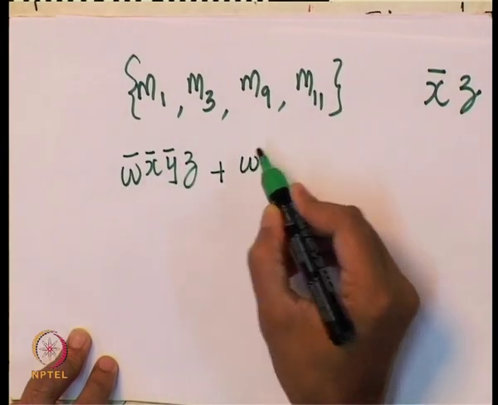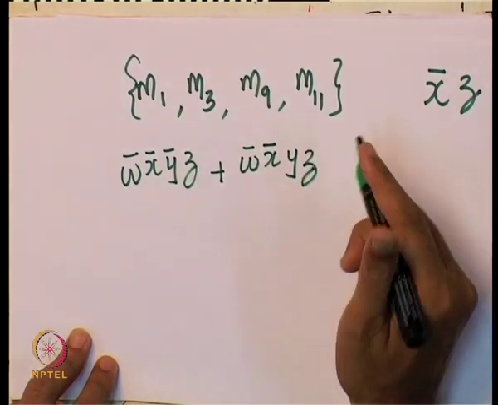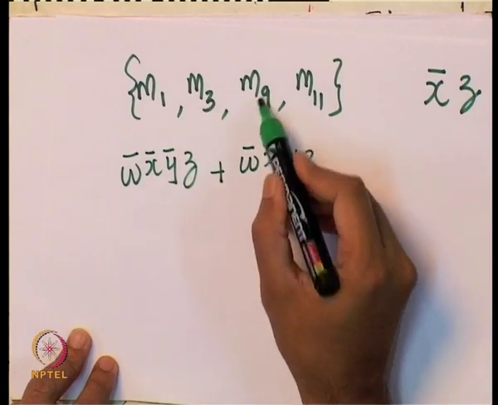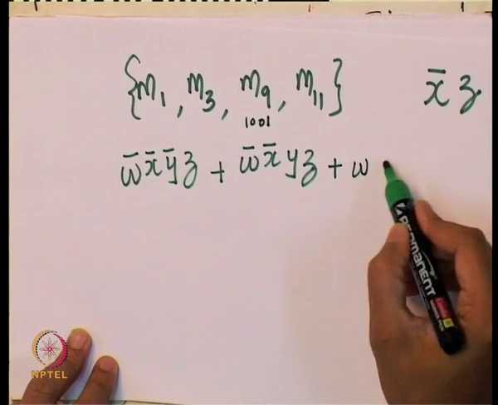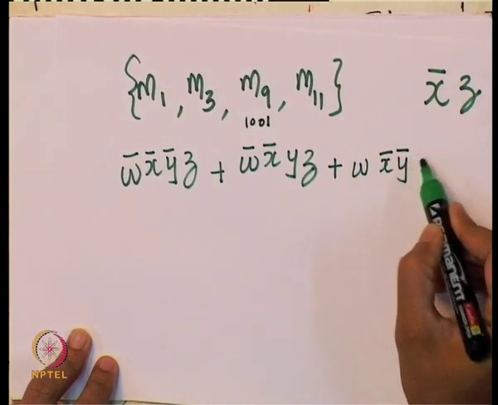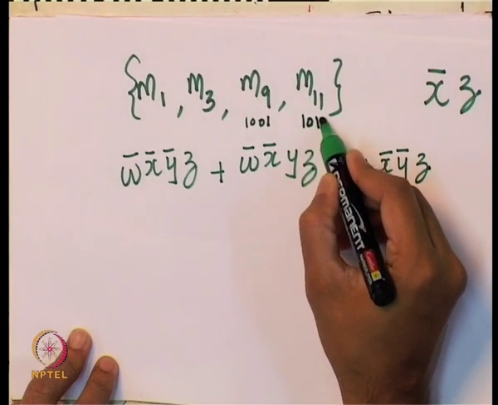M3 corresponds to w bar x bar y and z, because it is 0 0 1 1. 9 is 1 0 0 1, so that corresponds to the term w x bar y bar and z, and 11 corresponds to 1011.